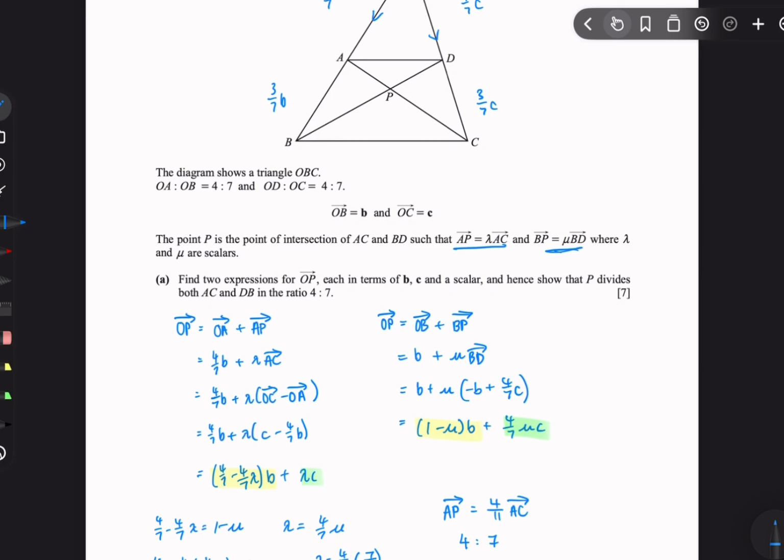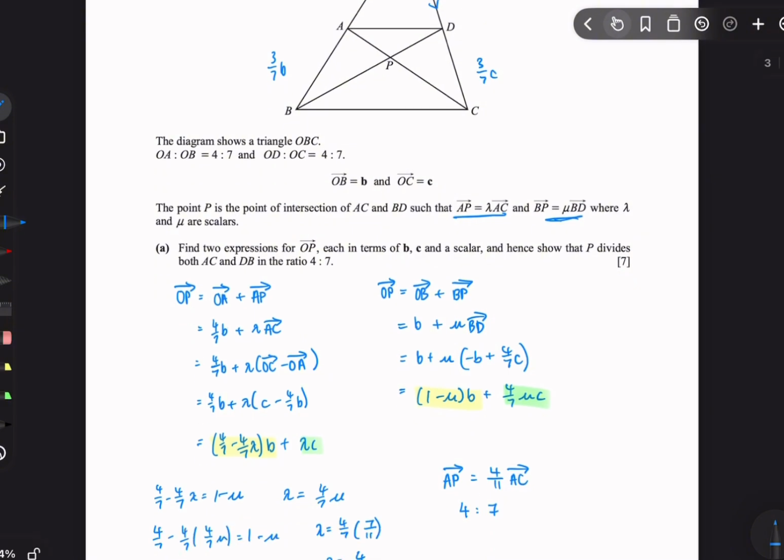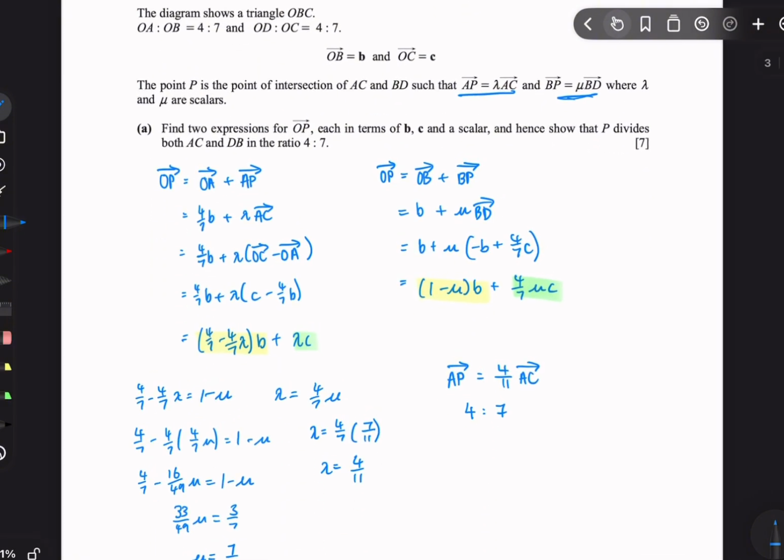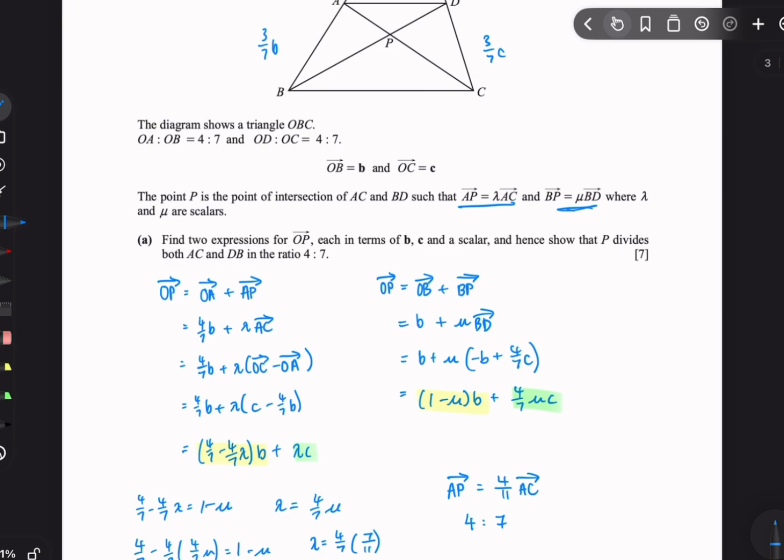So that means P actually splits AP and PC in the ratio of 4 to 7. So this is AP, this is PC. So yes, they're split in 4 to 7 because of P.